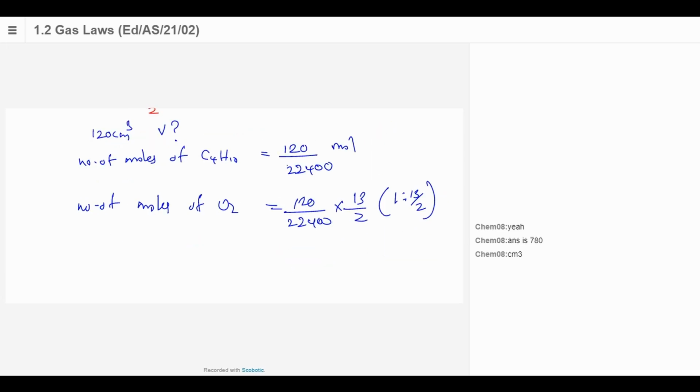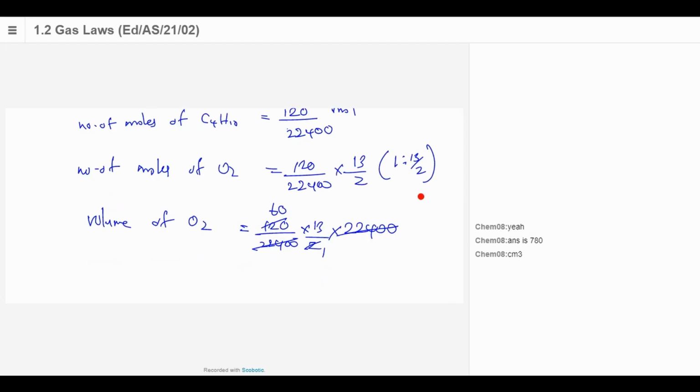Now you can find the volume. That is the moles of oxygen, the previous answer, times the molar volume, which is 22,400. Now see how easy it is. When you leave it as a fraction, you can easily calculate. So it is 780 cm³.